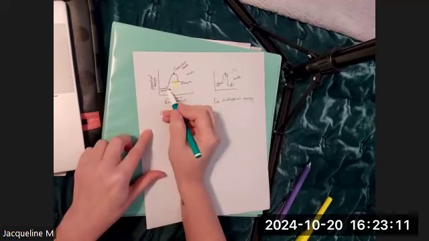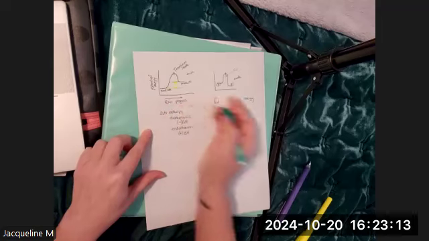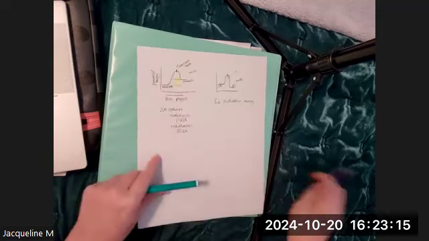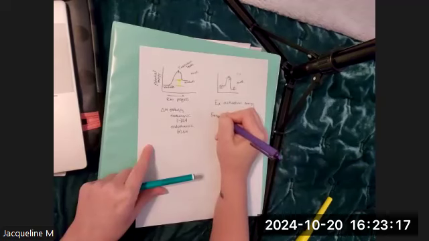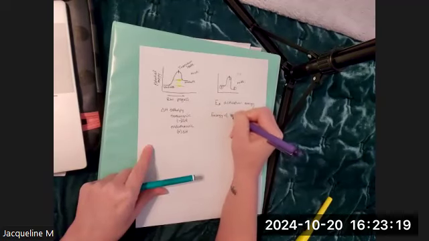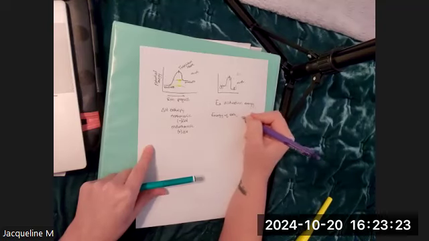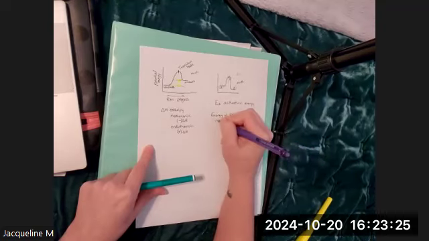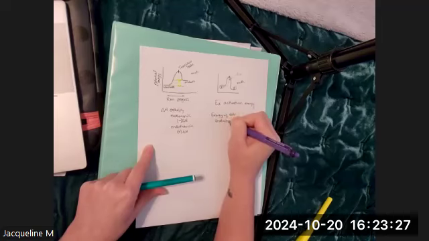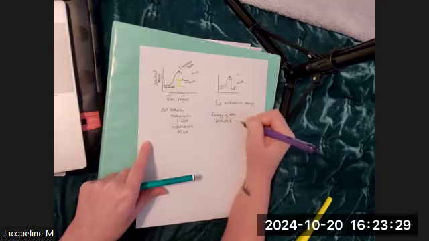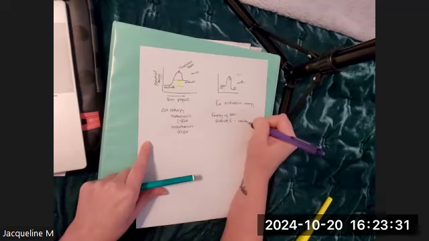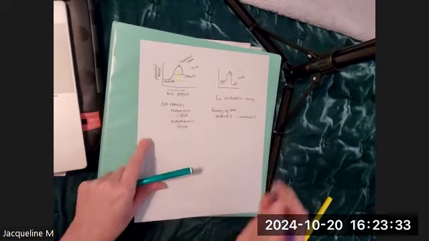Okay, so the difference between here and here, and that is the energy of our reaction, or the overall enthalpy of the reaction. So it's products energy minus our reactants. Okay.